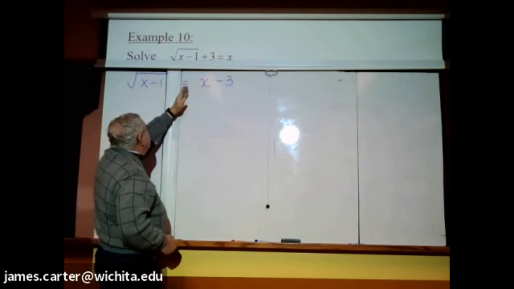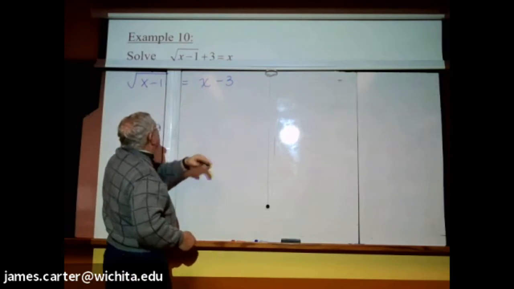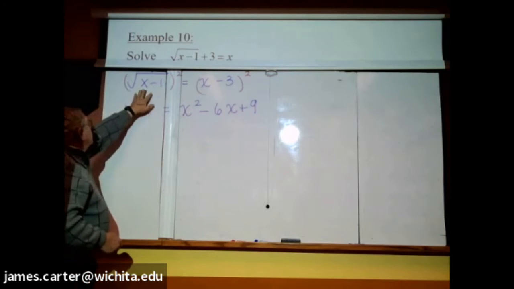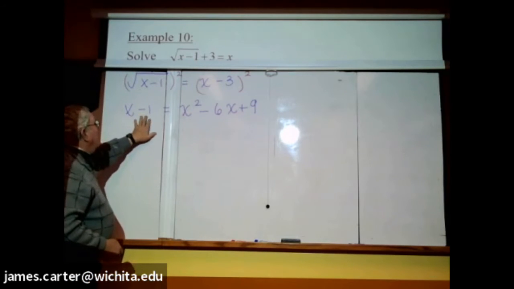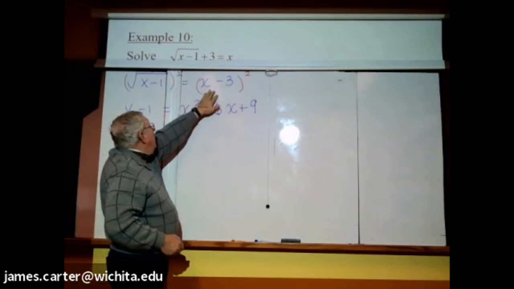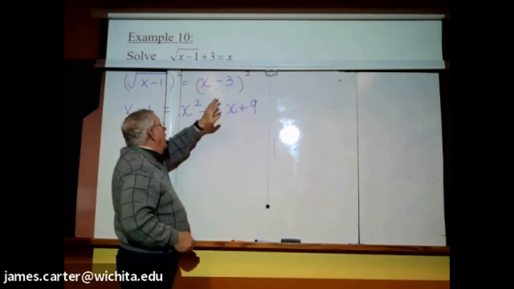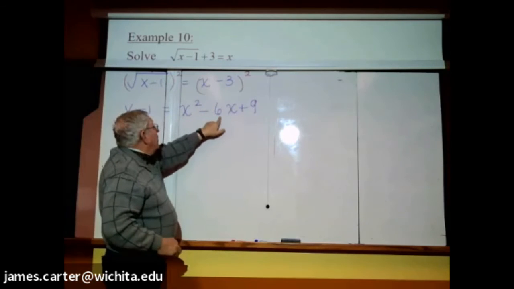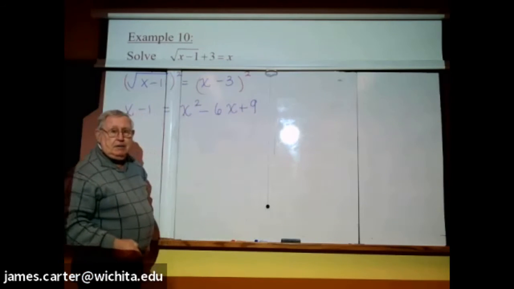But if I square this, I have to square this whole problem. So there's my step shown for this. This results in just x minus 1 over here, but this is not x squared minus 9. This, you have to FOIL it and get x squared minus 6x plus 9.